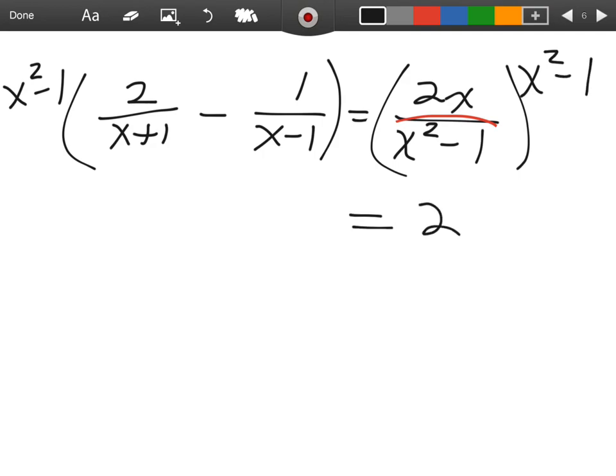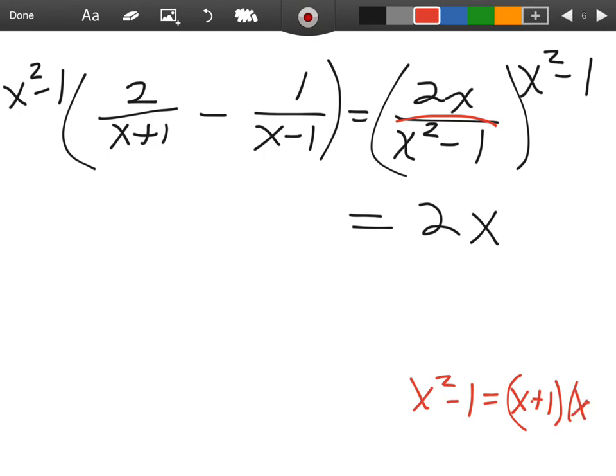So the right-hand side cancels completely and I'm left with just the top. On the left-hand side, since I know that x squared minus 1 is x plus 1 times x minus 1, on the first one we're going to end up with the top part.